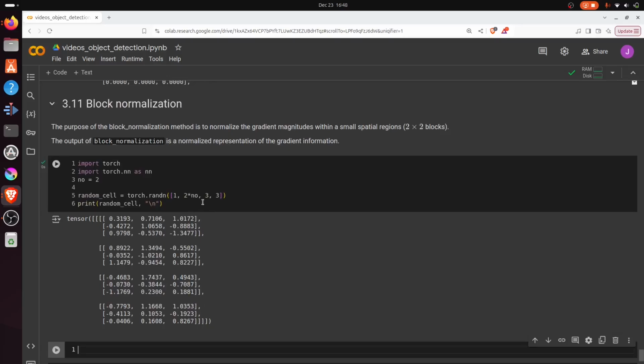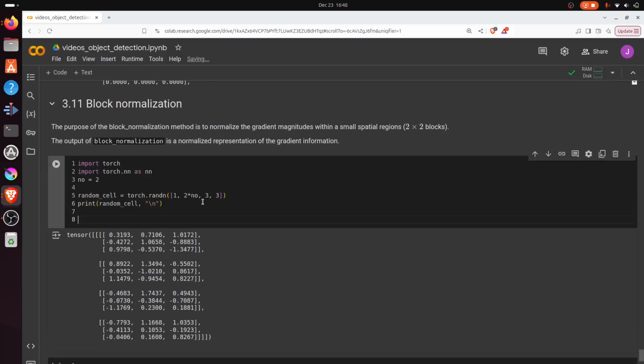And now what we're going to do is start storing certain parts of this tensor. So we're going to get slices of this original random tensor. And to do that, let's write it explicitly.